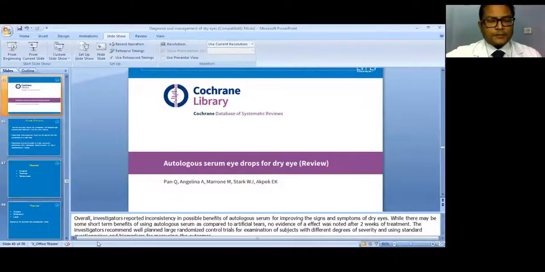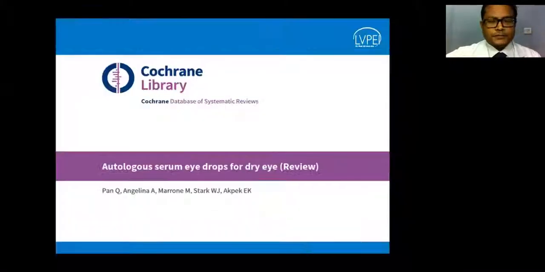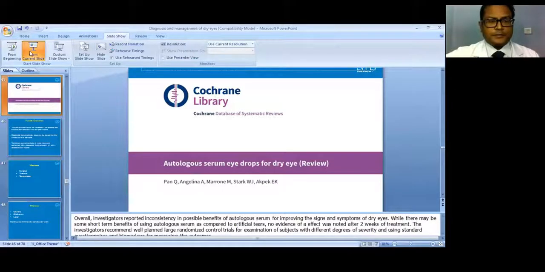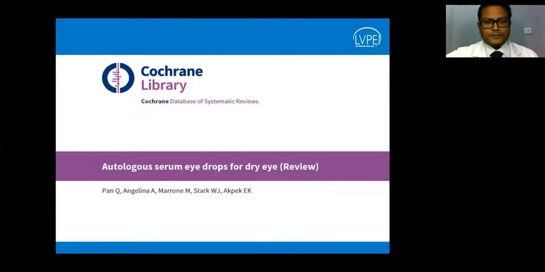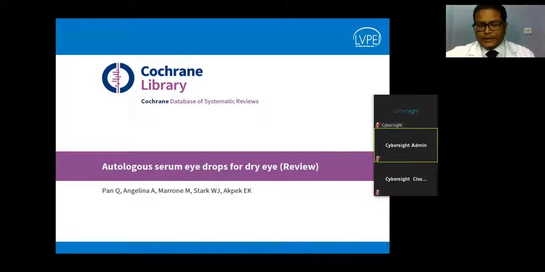So there is another Cochrane study where the investigators reported inconsistency in possible benefits of autologous serum for improving the signs and symptoms of dry eye.